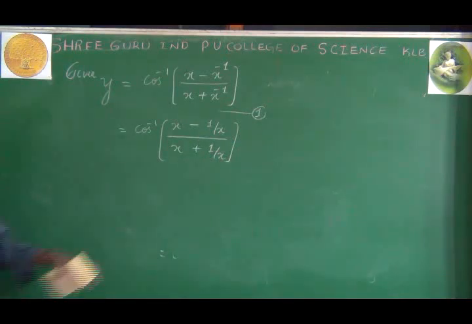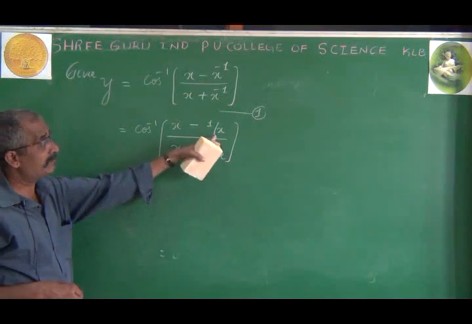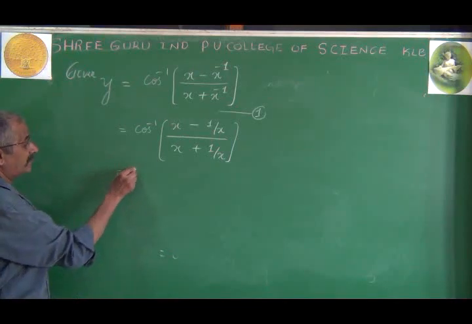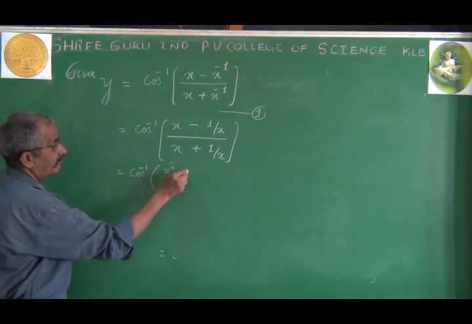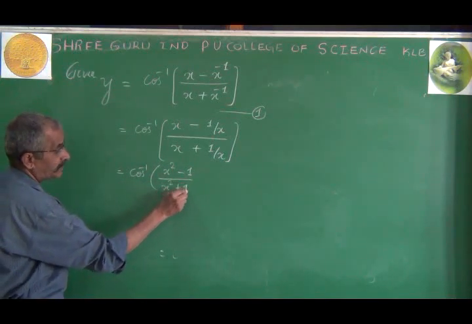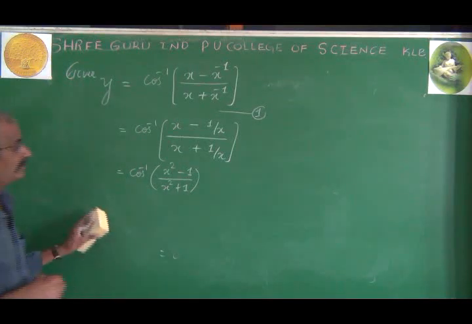Next, in numerator and denominator we shall take LCM. After LCM, x will get cancelled out. After x cancellation, cos inverse of what is left is (x square minus 1) divided by (x square plus 1).